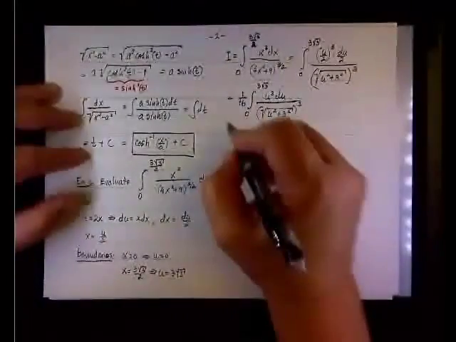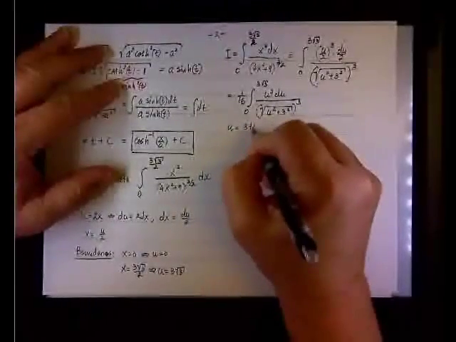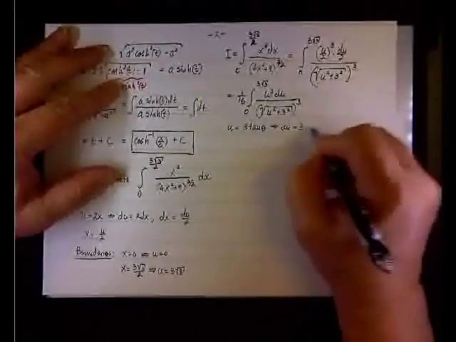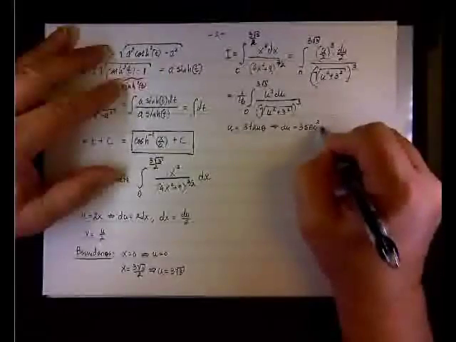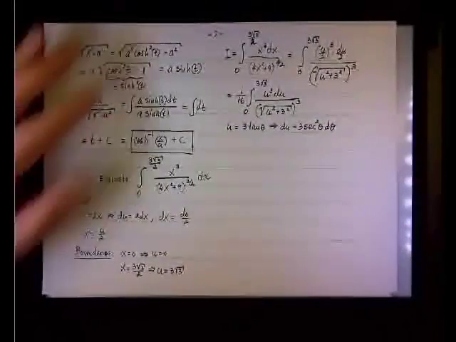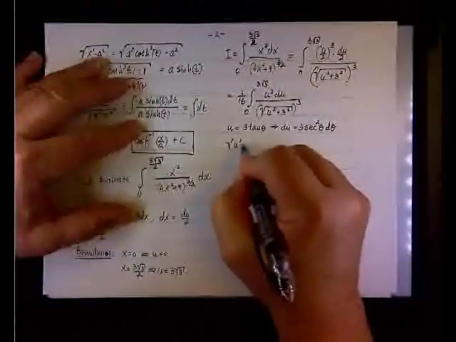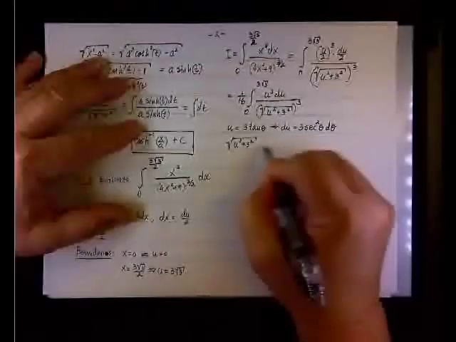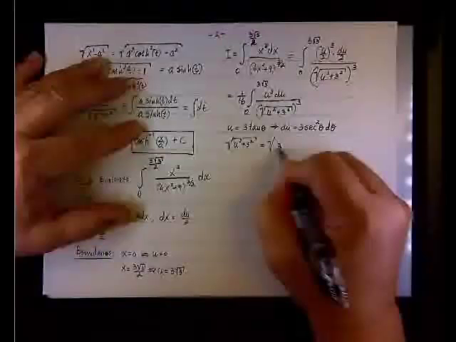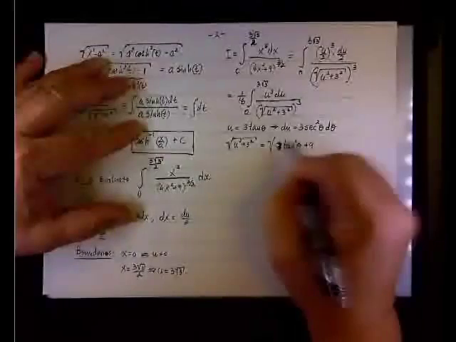The tangent. So now we'll substitute, we'll say u equals 3 tangent theta, and therefore du will be 3 times the derivative of the tangent, which is secant squared. So we'll have du equal to 3 secant squared d theta. What about the denominator? Well, u squared plus 3 squared will now be substituted by 9 tangent squared theta plus 9.